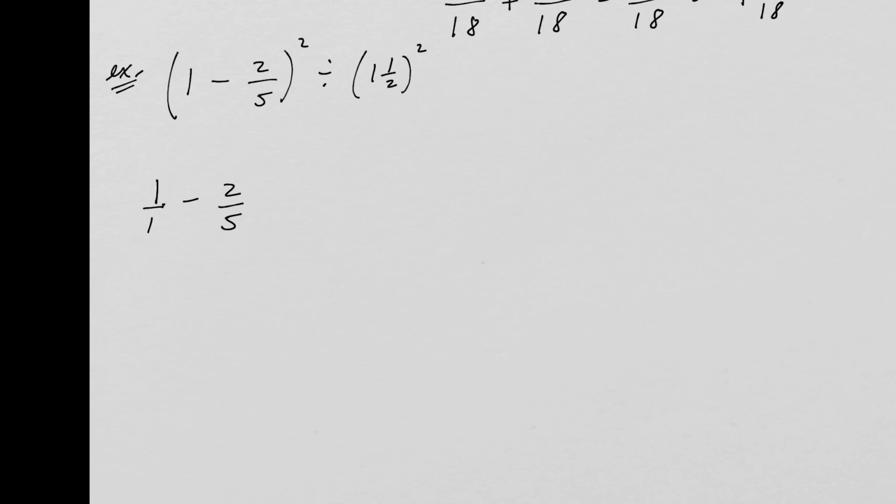I can multiply by 5 over 5. So this is really 5/5 minus 2/5, which is 3/5. And then the 1 and 1/2, if I convert that to an improper fraction, it's 2 times 1 plus 1 over 2. So that's going to be 3/2.